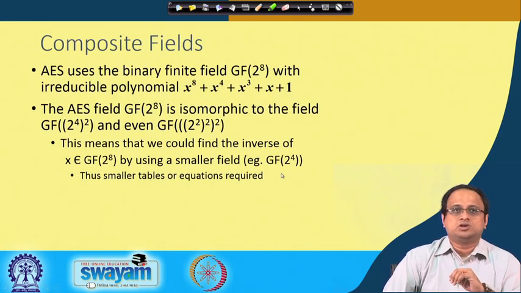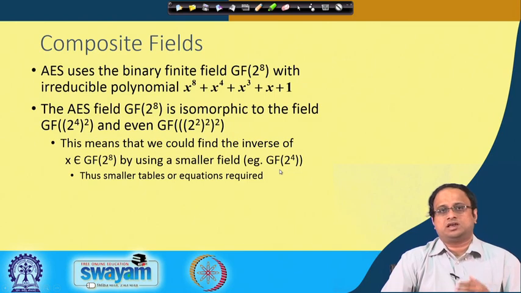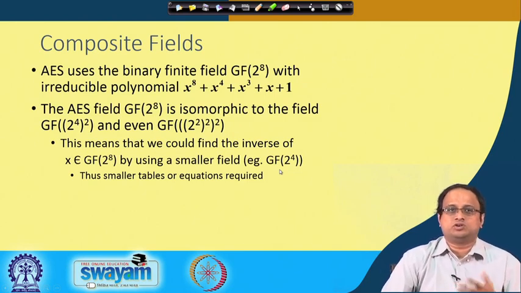So let me take an example, or let us try to motivate why we need to go into this, and to understand the savings that we can get out of this technique. Remember that in AES we use the binary finite field GF(2^8), and my modular reduction polynomial, or irreducible polynomial, is x^8 + x^4 + x^3 + x + 1.